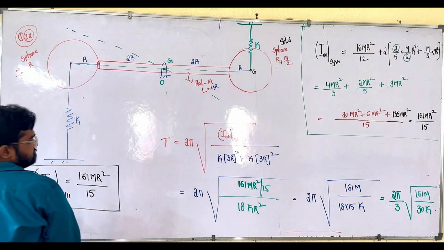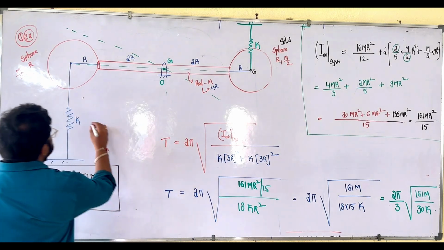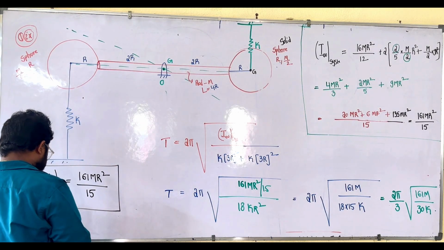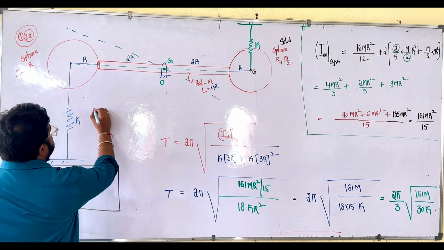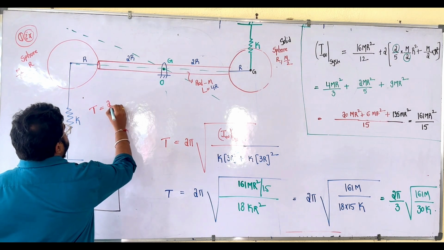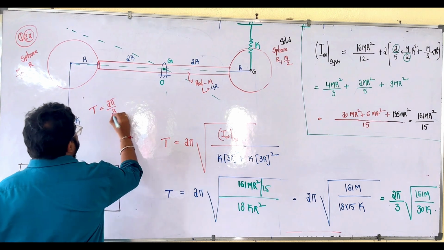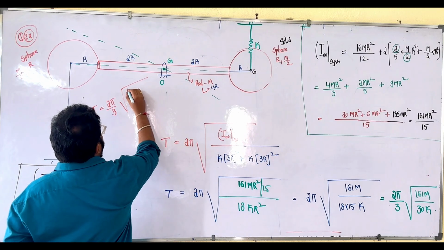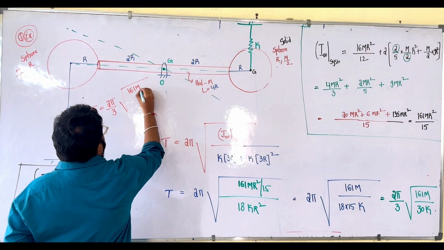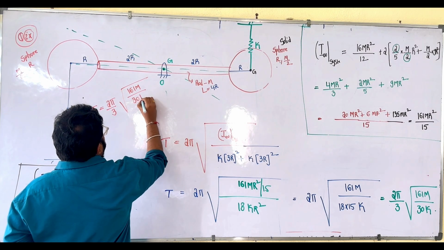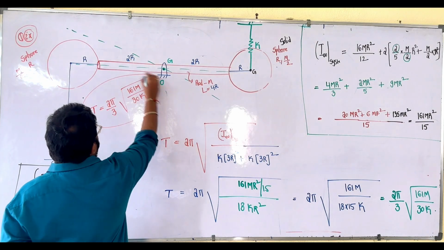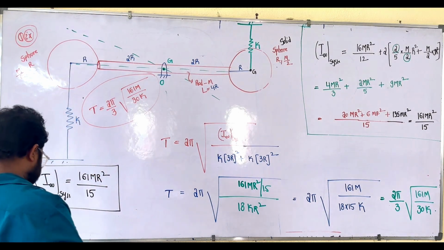What is the final answer? T equals 2 pi by 3 square root of 161 m by 30k. So they will give it like this.